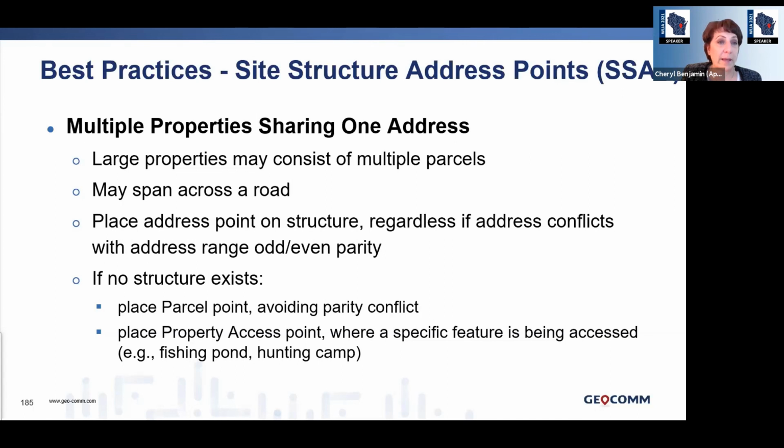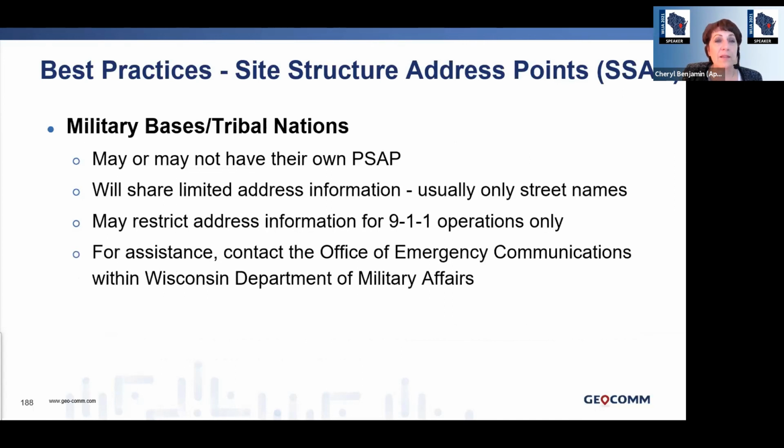To wrap up our discussion today, military bases and tribal relations. They may or may not have their own PSAP. It's pretty common that they will share their street names with you, but not usually their address information. If they do share their address information, they may have some restrictions on it. They may say, for example, you can only use it for 911 operations, not for public sharing at all.